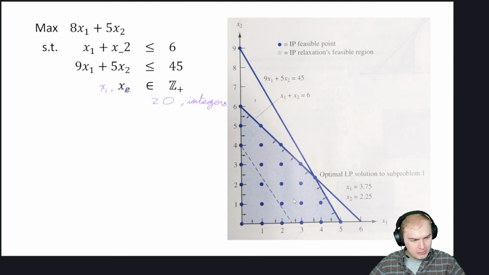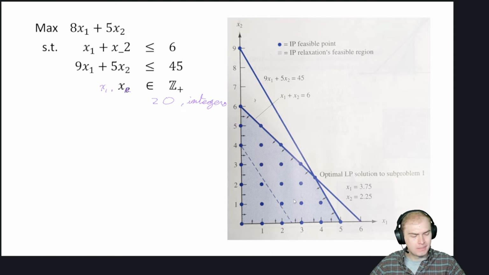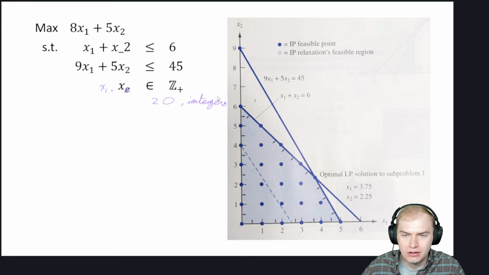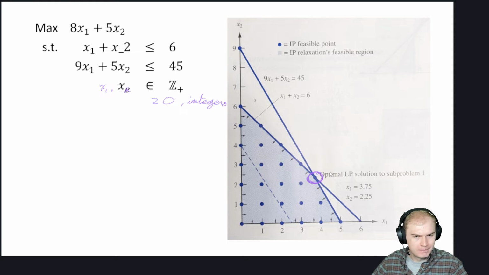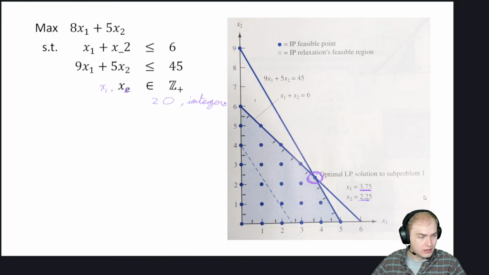And that poses some problems for us, because remember that the simplex algorithm finds extreme points of the greater polyhedron. And this extreme point here for this integer program is not on that integer lattice. It's not an integer point. It has the solution 3.75 and 2.25.